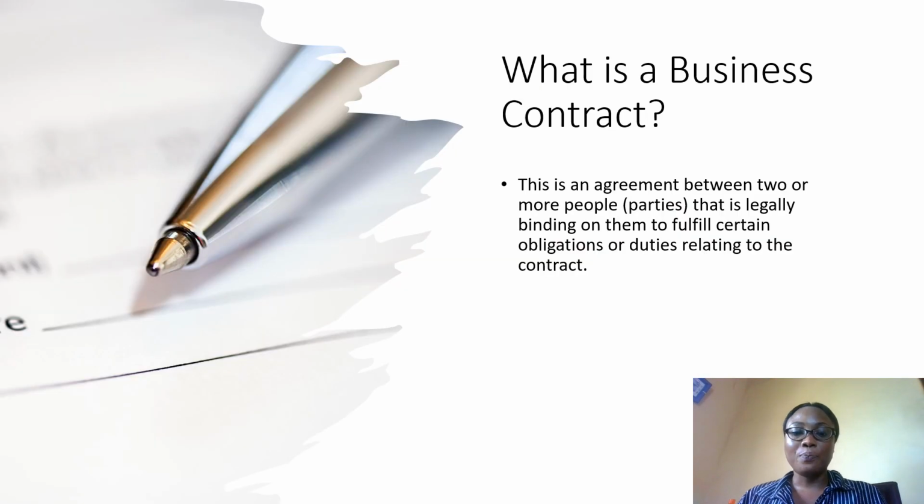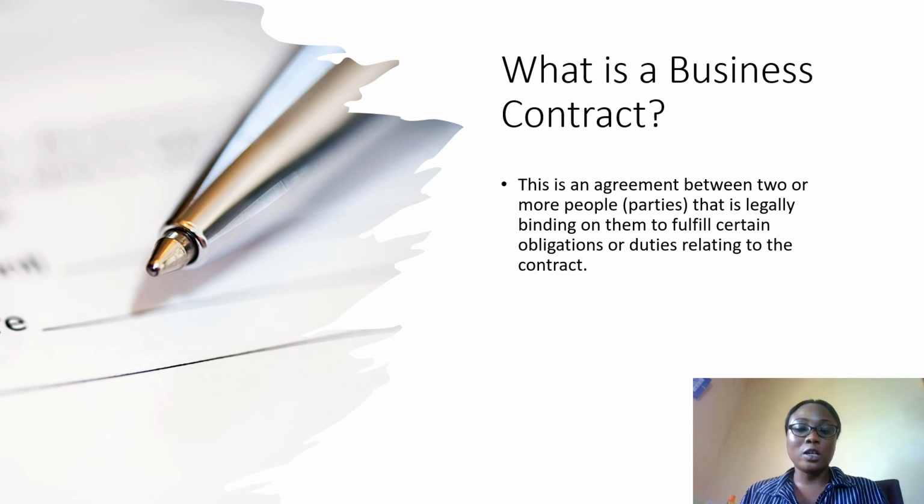So let's go. The first thing you have to understand is what a business contract is in the first place. A business contract is an agreement between two or more people, or you can call them parties, that is legally binding on them to fulfill certain obligations or duties relating to the contract. There are different kinds of contracts, which we will not be going into in this video.